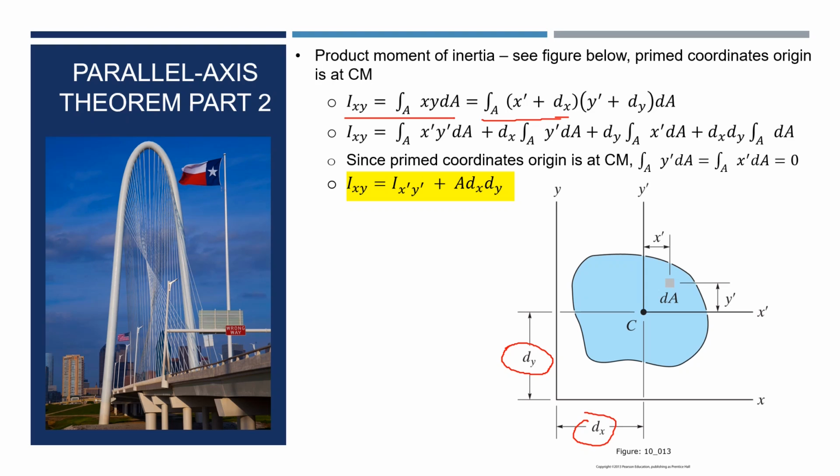Dx is here, x prime is here. So this is the location in the xy coordinate systems of the point under consideration. And of course y is going to be the dy plus the y prime. And we want the relationship between the moment of inertia in the primed axis, which is the origins at the centroid, or the center of mass.